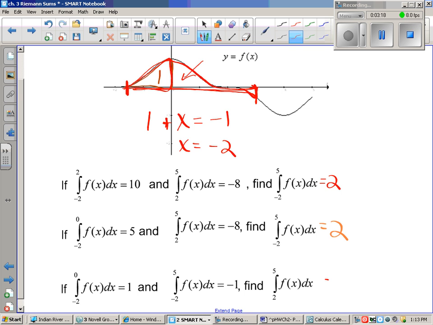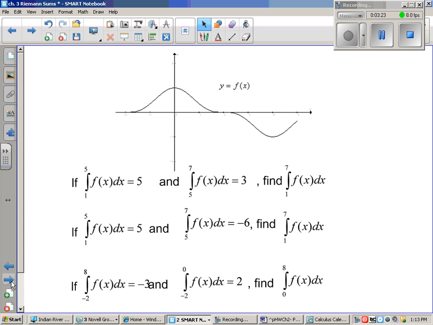All right, let's look at another one. What if I said from 1 to 5 is 5. Again, by the picture, it doesn't appear to be, but let's just pretend. And from 5 to 7, whatever that is, let's just say that section is negative 6.